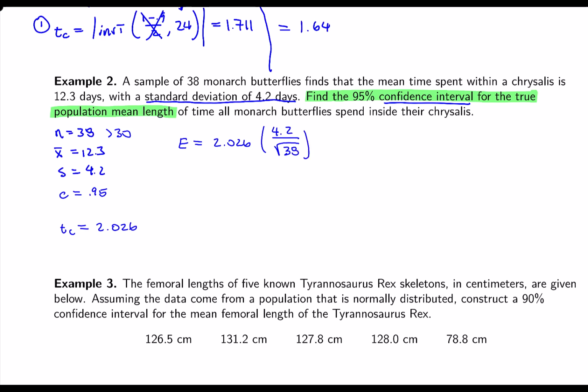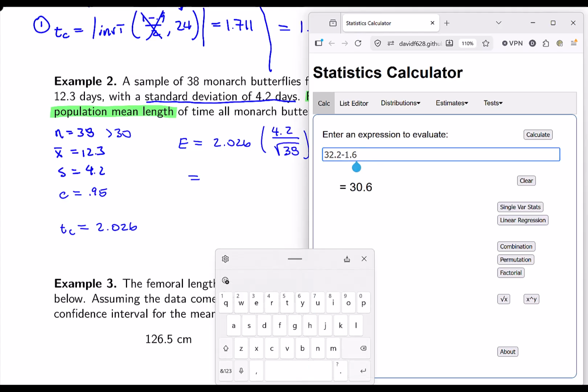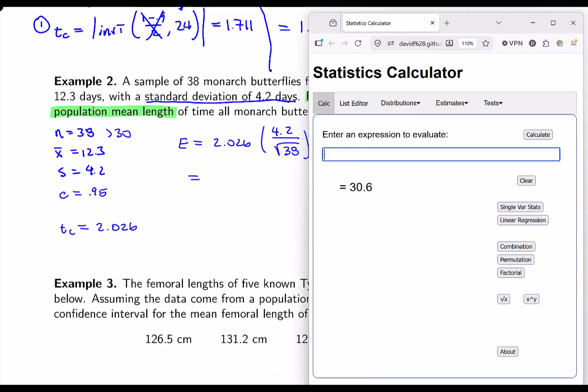All right, now when I calculate this using the stats calculator, I'll come up with the value of the margin of error. So let's go to the calc screen and start entering this calculation.